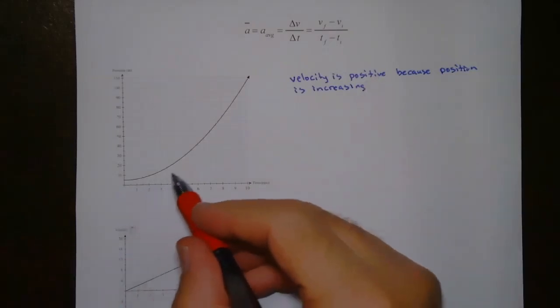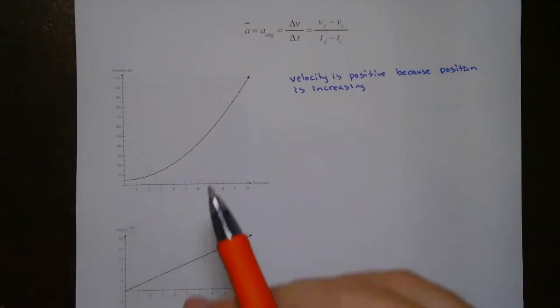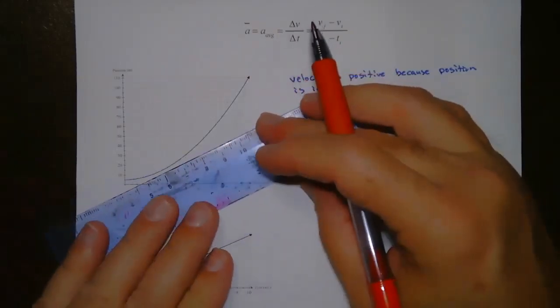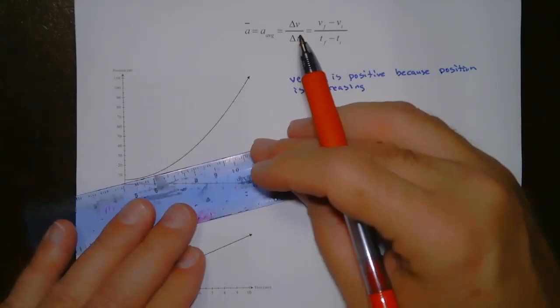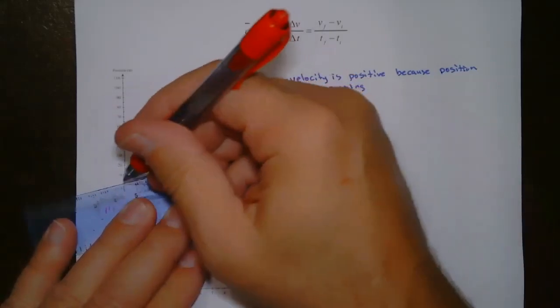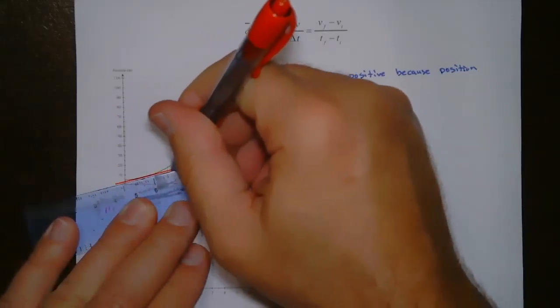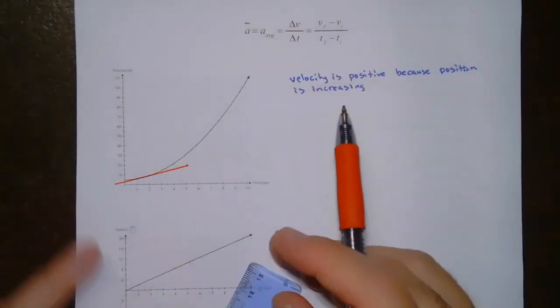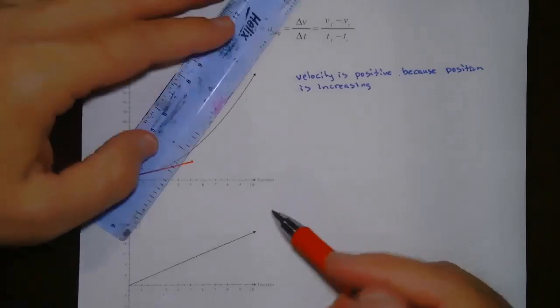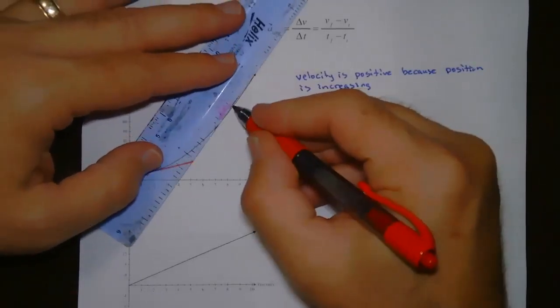What causes bending in a curve, okay? And this is basically what it is. If you look at the slope at one point, it's called the tangent slope, okay? That slope right there is going to be less than the slope way up here.